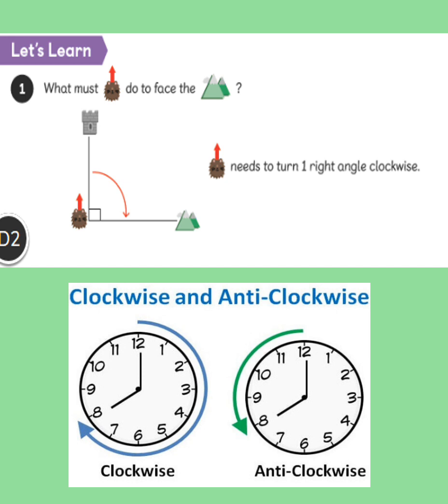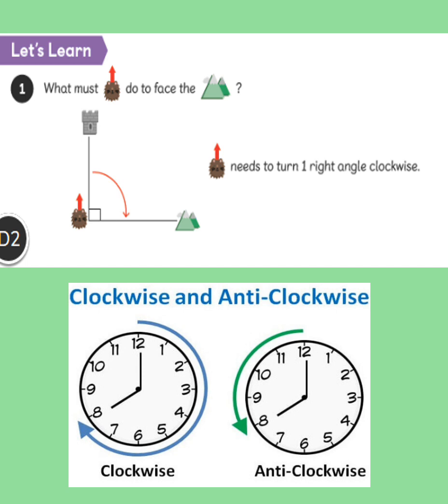So, in order for Chewy to turn from facing the Castle of Doom to the mountains of Mordor, he needs to turn 1 right angle clockwise. If you look at the line pointing to the castle and the line pointing towards the mountains, the difference between them is 1 right angle. Try it with your pencil.